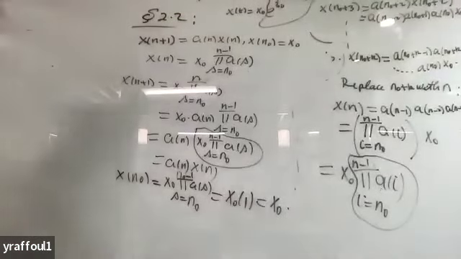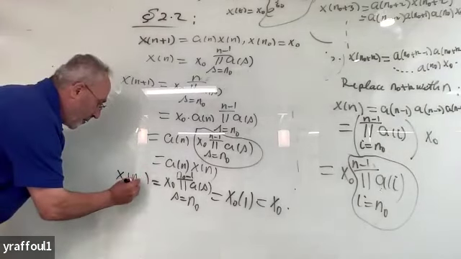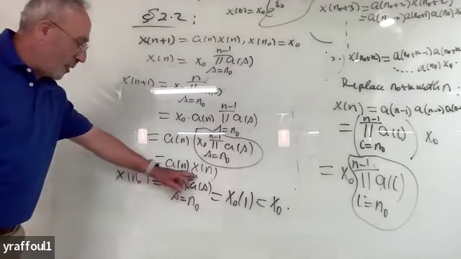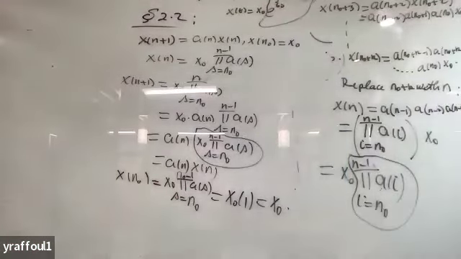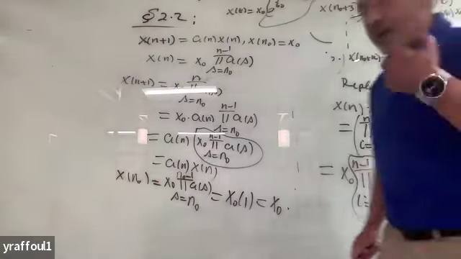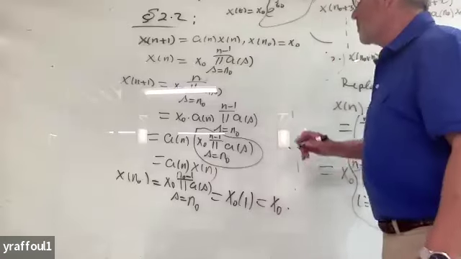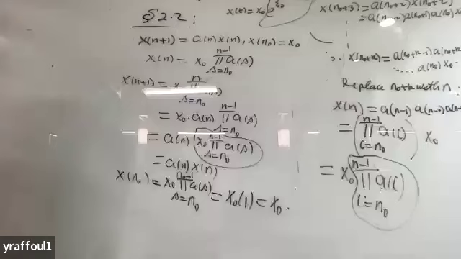We need to verify x_n naught, which is x naught times the product from s equal n naught to n naught minus 1. So the upper limit is smaller than the lower limit, so the product by definition you and I agreed on is 1. So it will be x0 times 1, which is x0. So it is indeed a solution. Any questions?